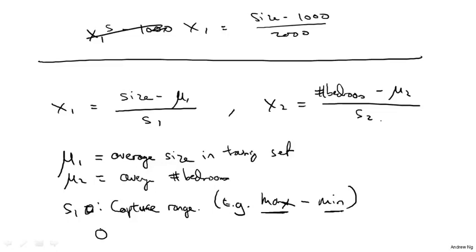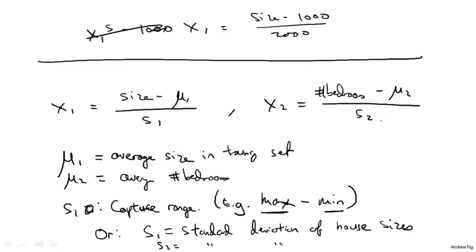Or if you know what the standard deviation of a random variable is, you can set s1 to be the standard deviation of the sizes in your training set, and s2 similarly the standard deviation of the number of bedrooms. But if you don't, you can just set it to the max number of bedrooms minus the minimum number of bedrooms.